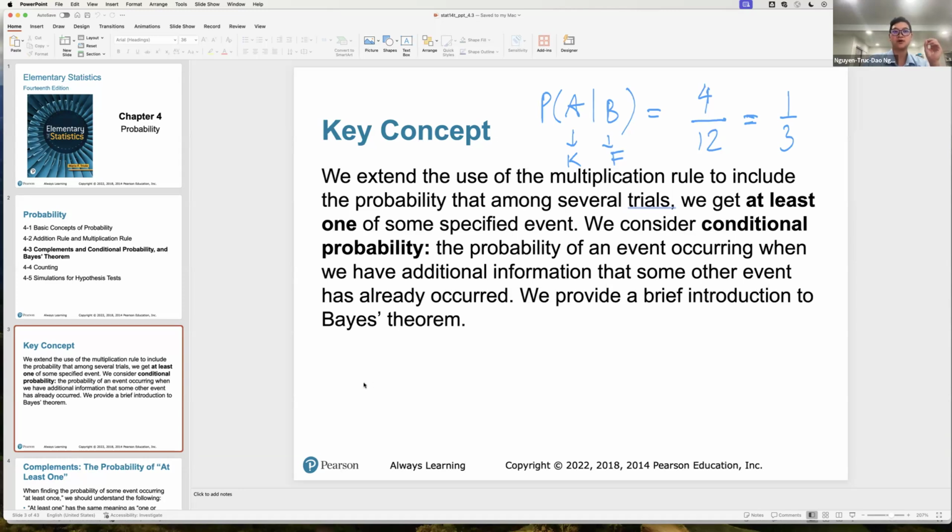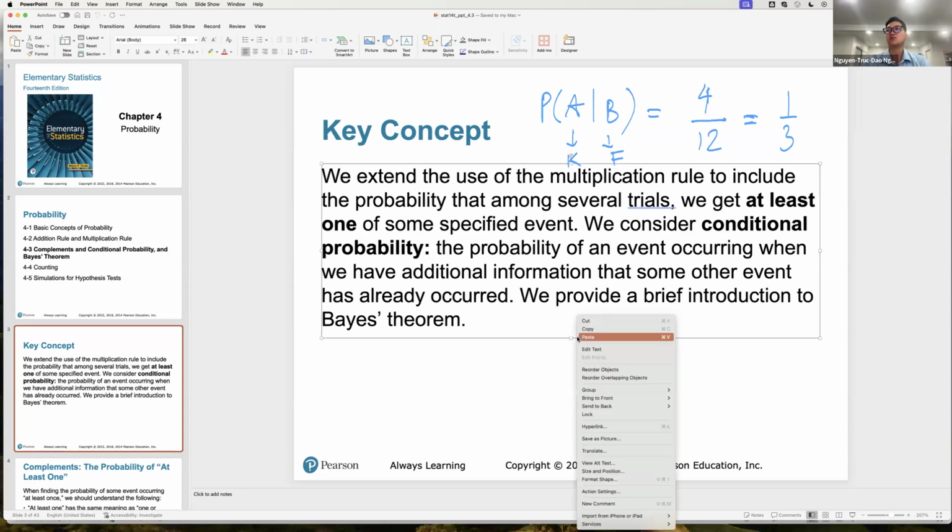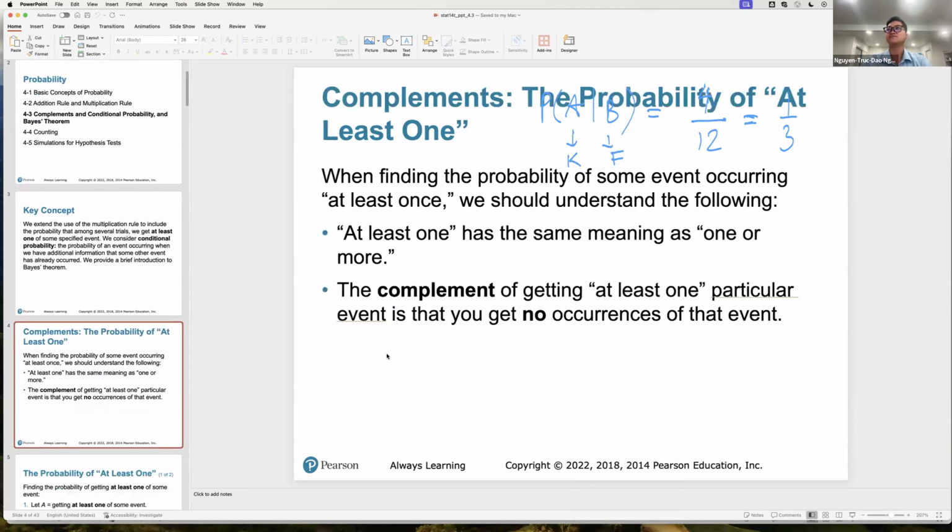And then I'm going to go back to the main definition. We extend the use of the multiplication rule to include the probability that among several trials, we get at least one of some specified event. We consider conditional probability, the probability of an event occurring when we have additional information that some other event has already occurred, and we provide a brief introduction to Bayes' theorem in this section.